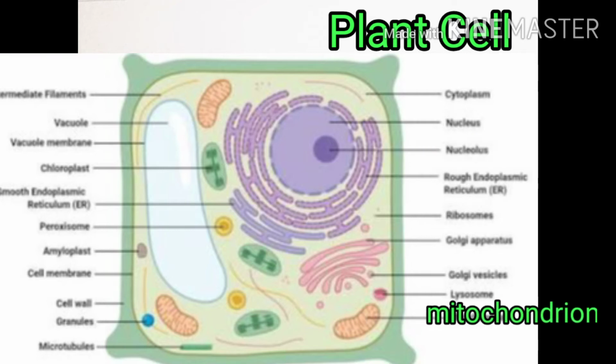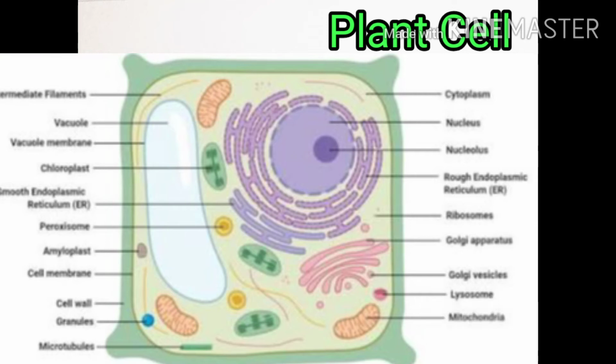Next one is mitochondrion. Mitochondrion contains the enzyme system for ATP synthesis by oxidative phosphorylation. It may be abundant in sieve tubes, companion cells, root epidermal cells and dividing meristematic cells.